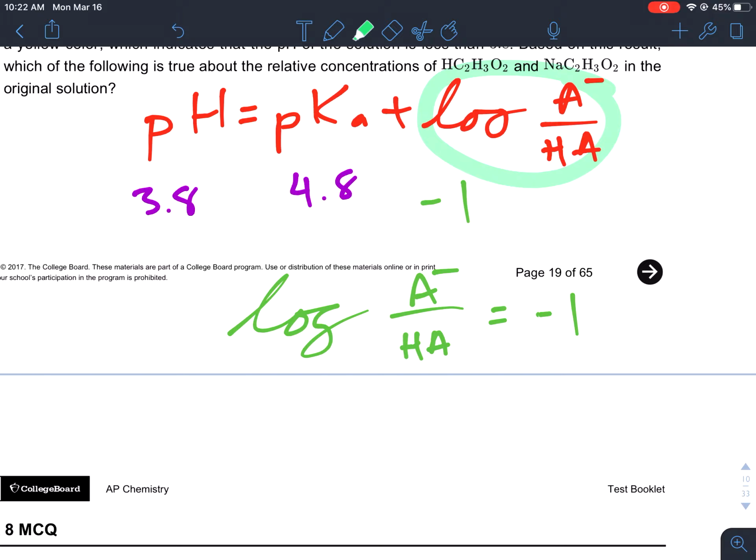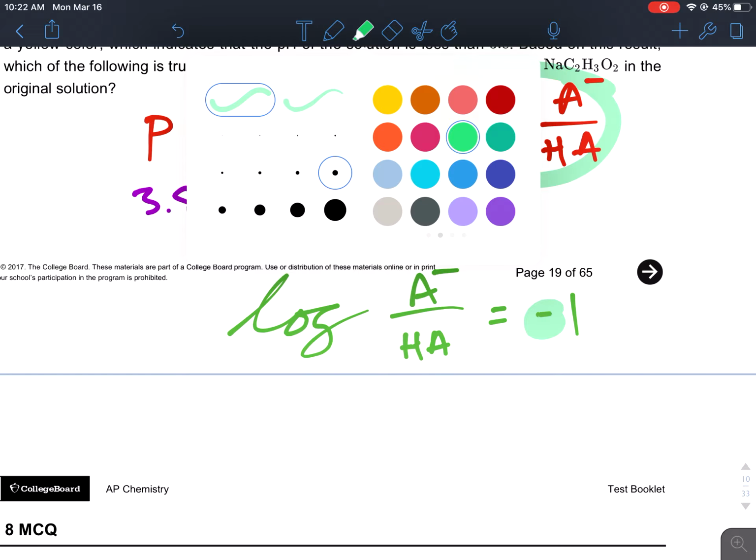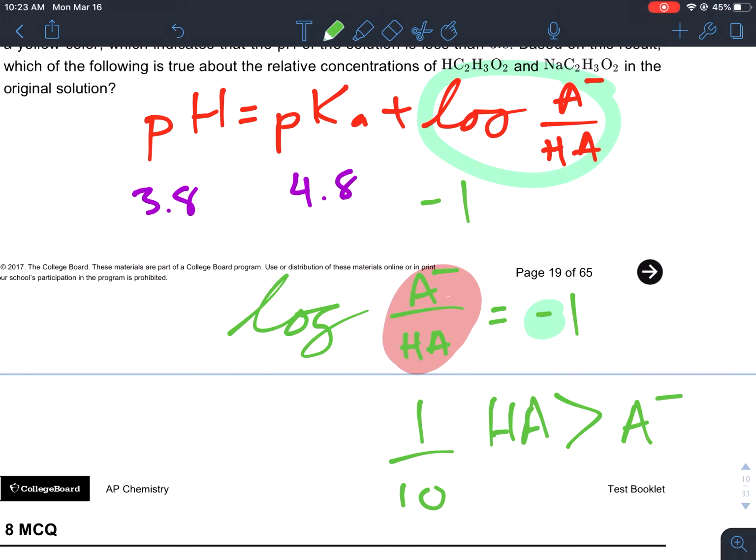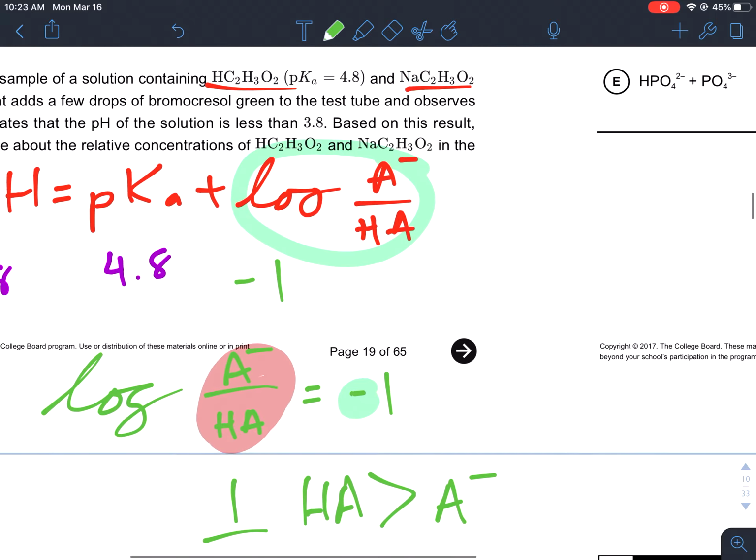But if this number is a negative number, that means the ratio right here has to be less than 1. It has to be some kind of fraction. If you take the log of a number and you get a negative number, then this was like 1 over 10. In other words, your HA had to be greater than your A minus. That's all we really need to know. All right? So what's the answer?